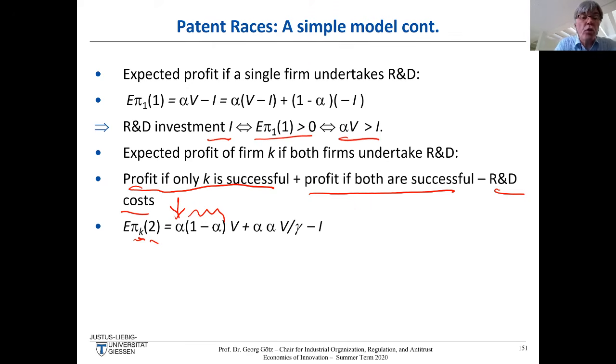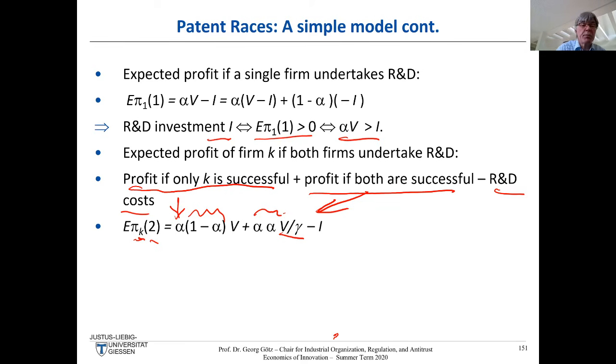Okay, and now it should also be clear the profit if both are successful. What is the probability that both are successful? I must be successful. That happens with probability alpha. And my rival must be successful. That also happens with probability alpha. That's why we get this alpha times alpha here, and you get this profit. Of course, with probability 1 minus alpha times alpha, my rival would be successful, and with probability 1 minus alpha squared, no one would be successful.